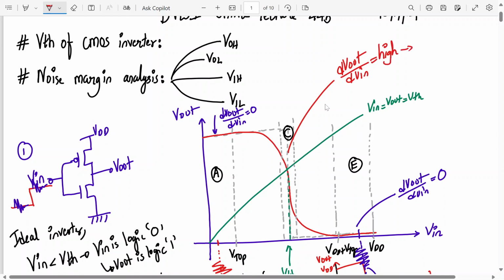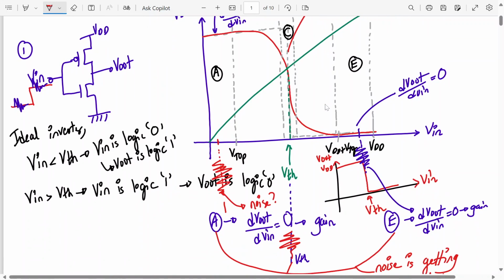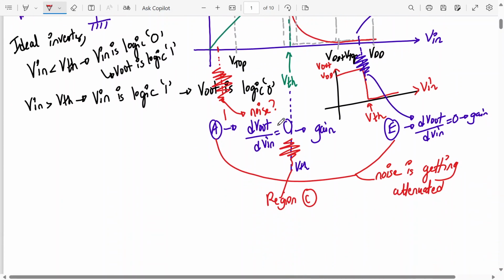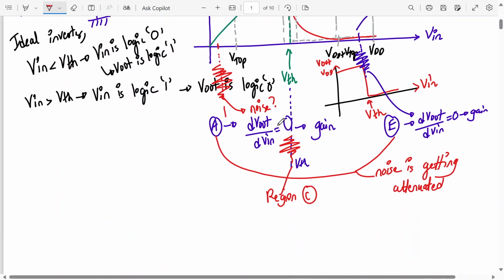So we mean to say the gain is very high, meaning if your signal falls in region number C, which is very small, it will amplify. So here in region number C, the dV out by dV in is not 0. It's actually greater than 0. So gain is not at all 0. So here the noise will get amplified in region C.